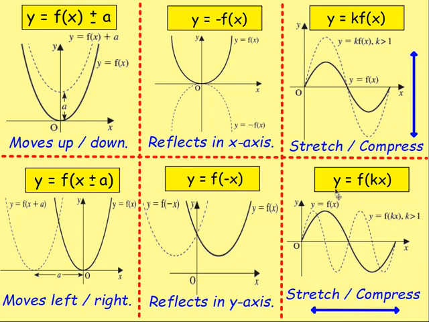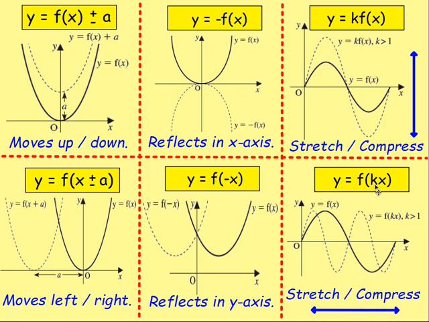And the last one, if you have y equals f of k x, that is again going to stretch or compress the graph, but horizontally. Again, think of the trig graph. If you have y equals sine x, and a number in front of the x, so say sine 2x, that means you're going to have 2 sine graphs between 0 and 360.